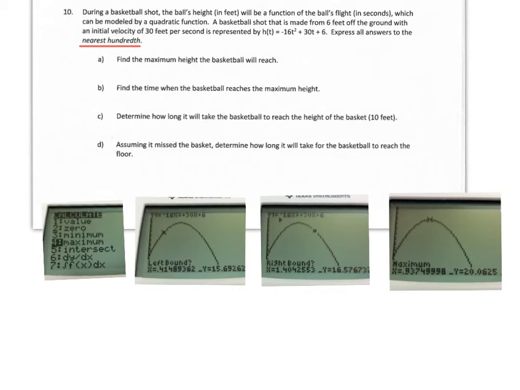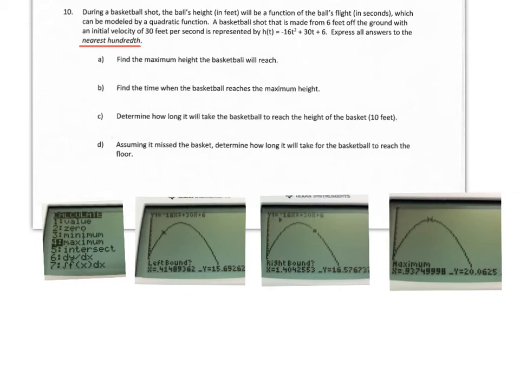Now, when we look at this graph, right, since we're talking about the height of a basketball over time, we know the x-axis is our time axis, right? They're using t for time. And we know the y-axis, or in this case, the h of t axis, is the height of the ball. So in part A, when it says to find the maximum height, okay, we're looking for the maximum y value.